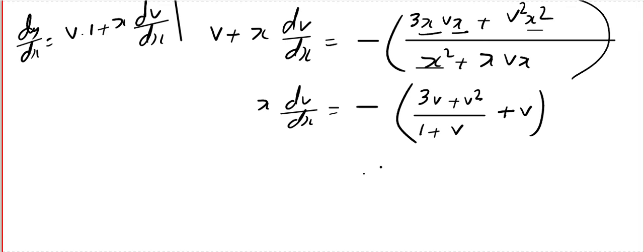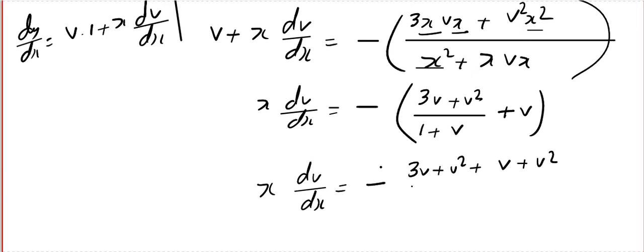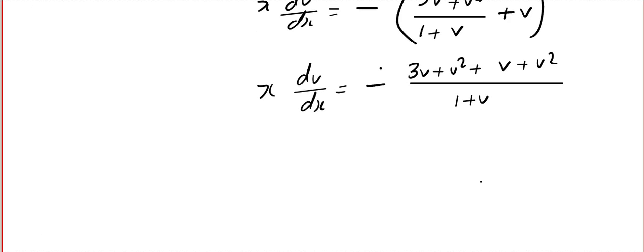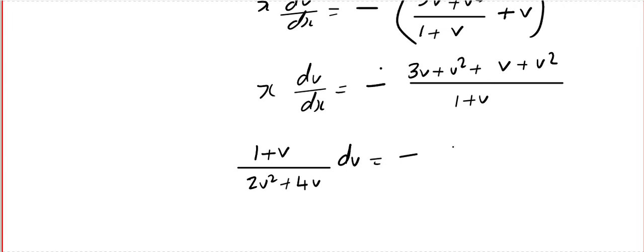Okay, anyway, let's continue. Let's take LCM. X dv by dx is equal to minus (3v plus v square plus v into 1 plus v) by (1 plus v). Okay, I'm going to skip a lot of steps. I hope you will reach the same: (1 plus v) by (v square plus v square... 2v square... 4v) dv is equal to minus 1 by x dx.